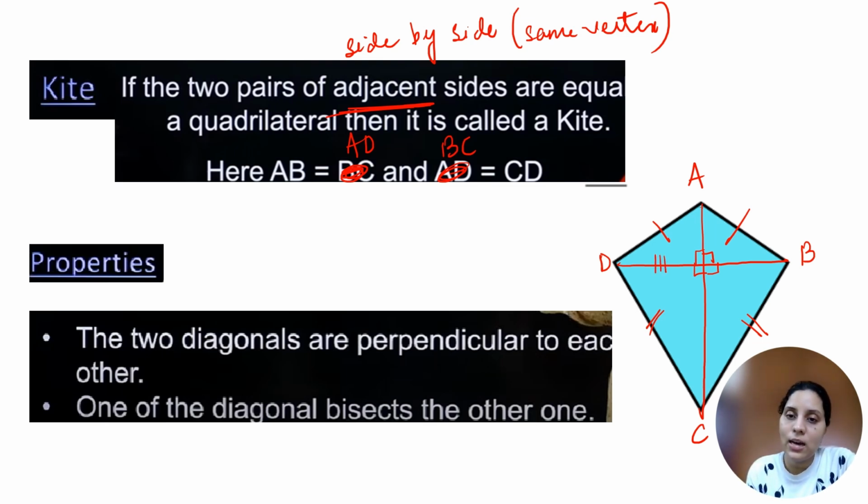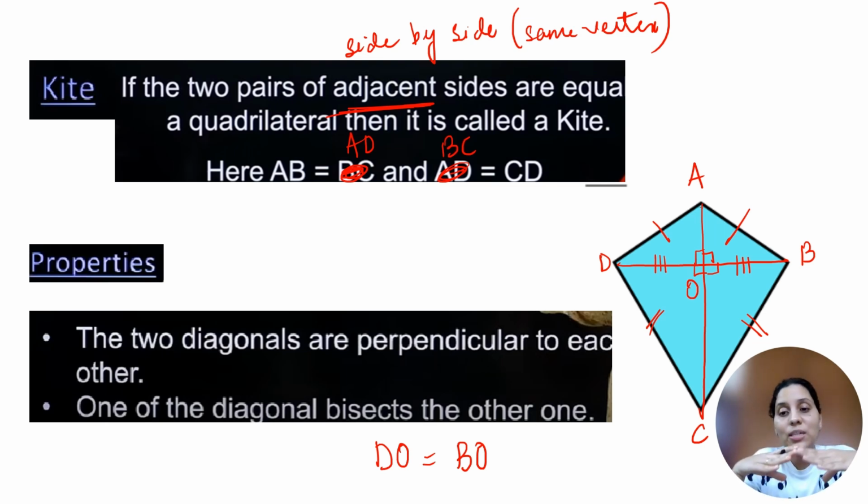So DO is equal to BO. Bisects means it is divided into two equal parts. So let us revise again. In a kite, only the adjacent sides are equal. Adjacent sides means side by side, which share the same vertex. The diagonals are perpendicular to each other and only one diagonal is being bisected.